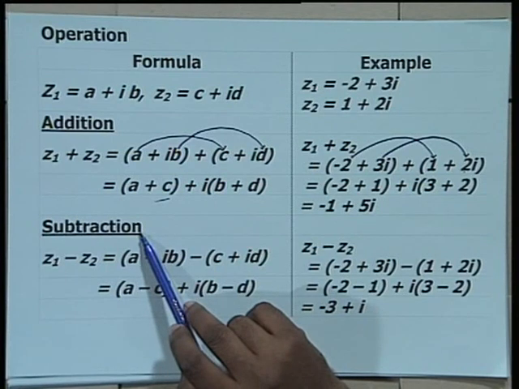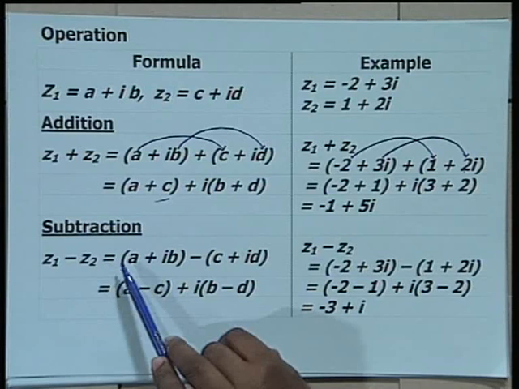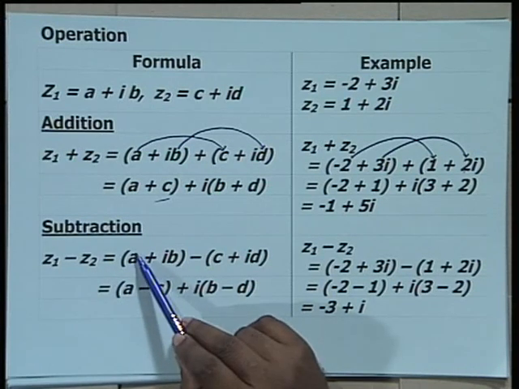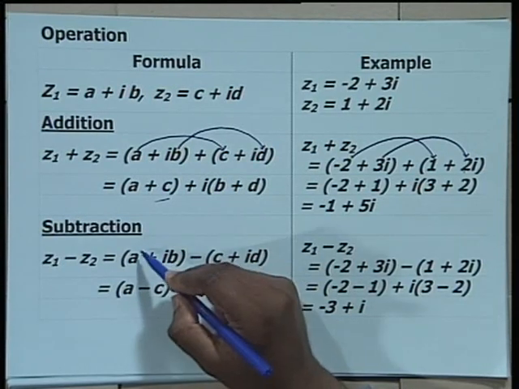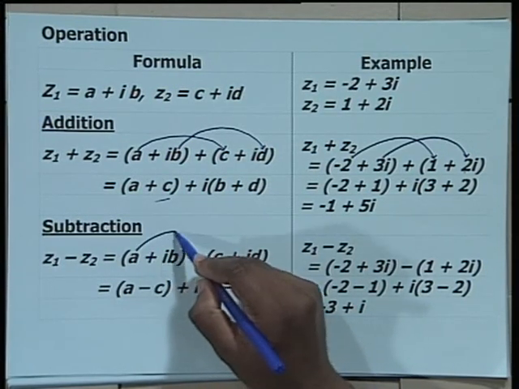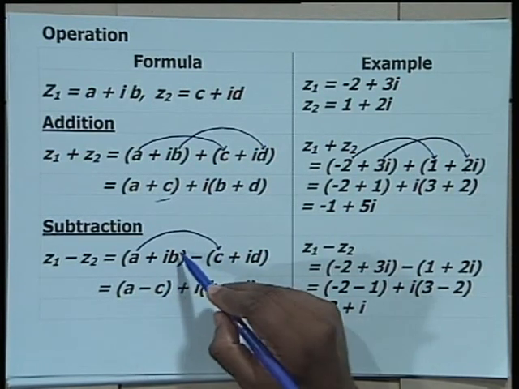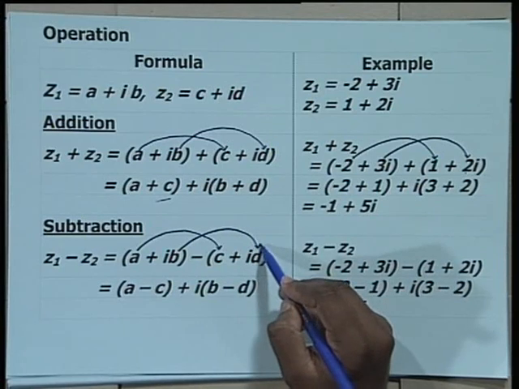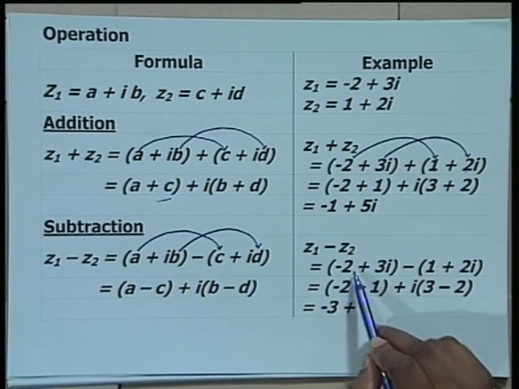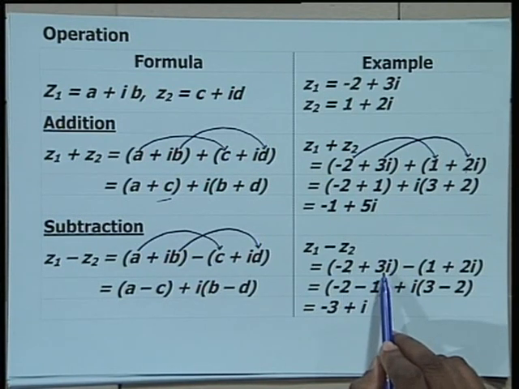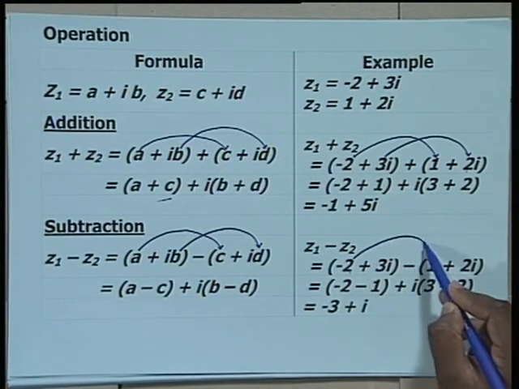Let's see how to subtract two complex numbers. z1 minus z2 is given by the difference between the real parts and the difference between the imaginary parts. So, z1 minus z2 will be given by a minus c and b minus d. Let's take an example. If we have to perform minus 2 plus 3i minus 1 plus 2i, we proceed as follows.